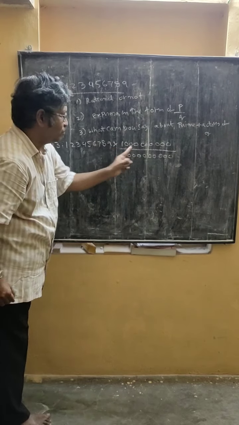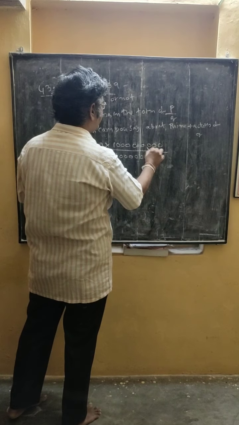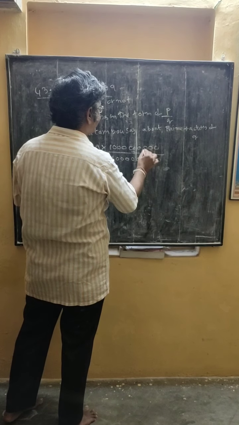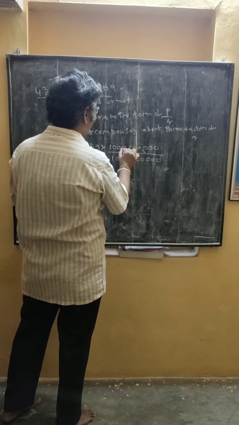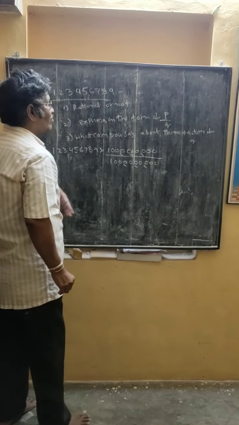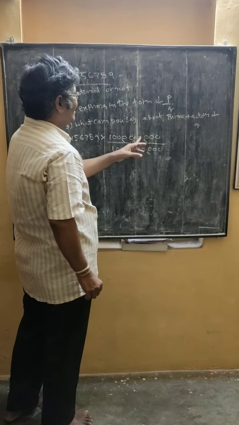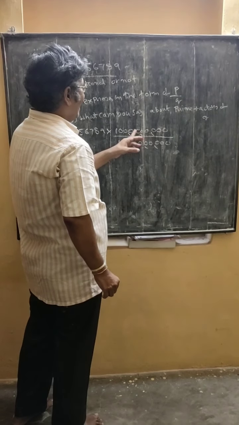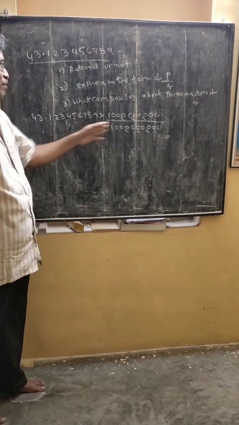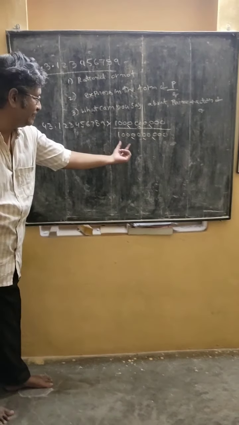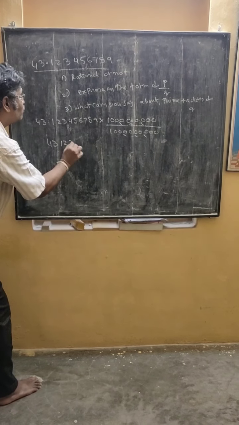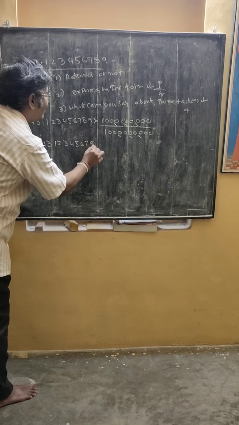So with 9 zeros, how much is it? Ones, tens, hundreds, thousands, 10,000, lakhs, 10 lakhs, crore, 10 crores, 100 crores. They are multiplied in both the numerator and the denominator. 9 zeros is equal to 100 crores. So what happens now? 43123456789.